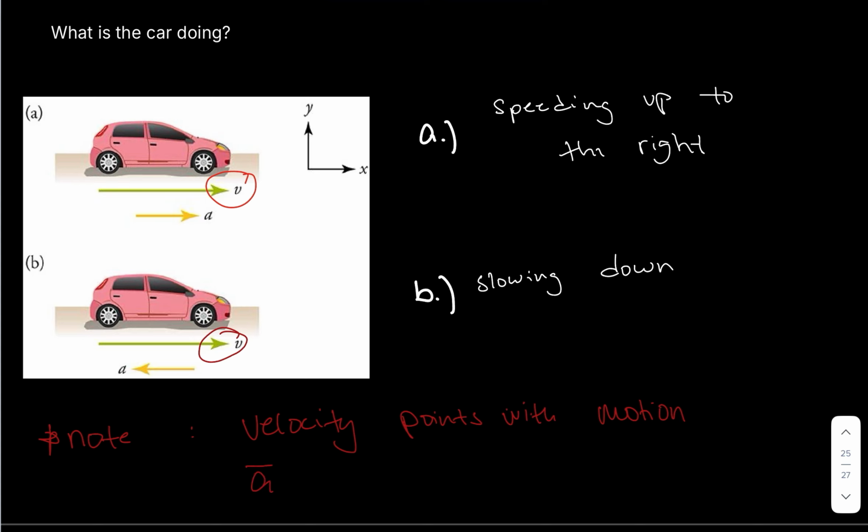While acceleration, and I'm writing this arrow on top to show that it has both direction and magnitude, does not always point with motion. All right, so hopefully that makes sense. Again, velocity is where you're going. Acceleration is how fast you are speeding up or how fast you are slowing down.